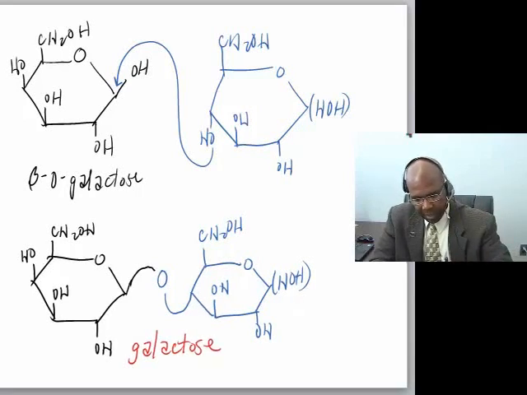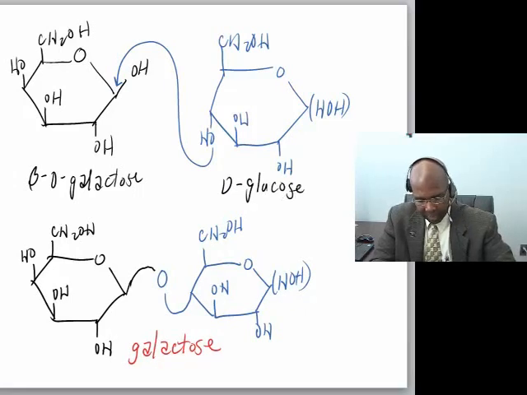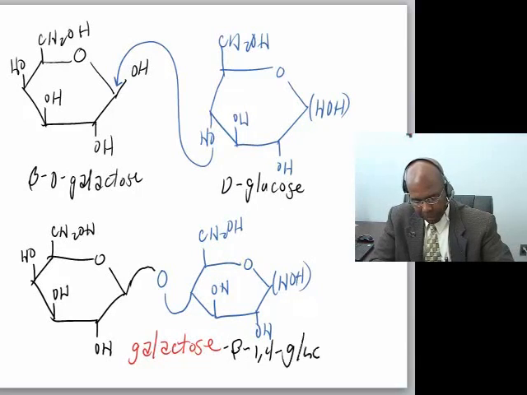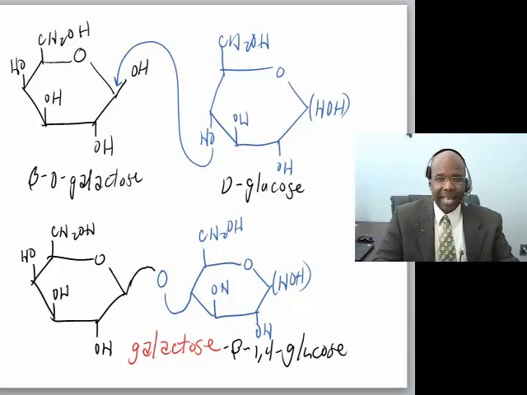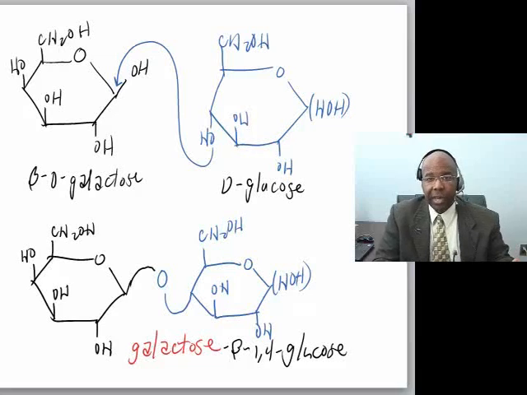This is D-glucose. So this is galactose. That's a beta linkage. Beta 1,4, and then glucose. That's the name of this disaccharide. Remember, this is a disaccharide, and that's also a glycoside.